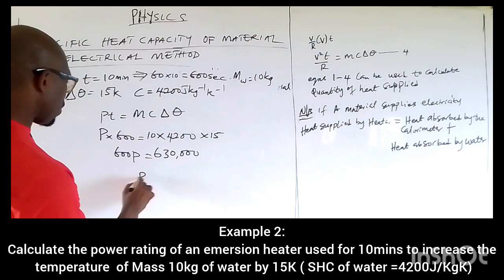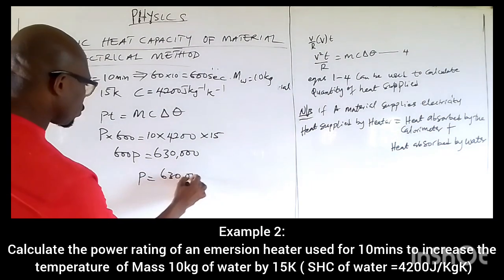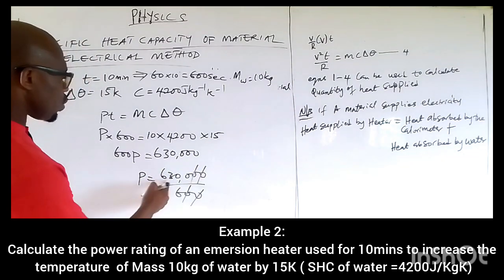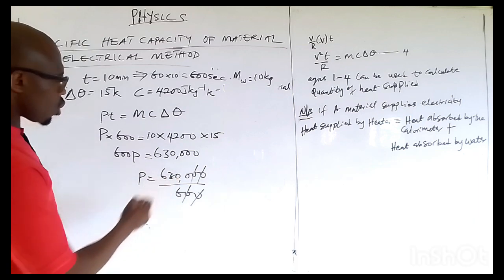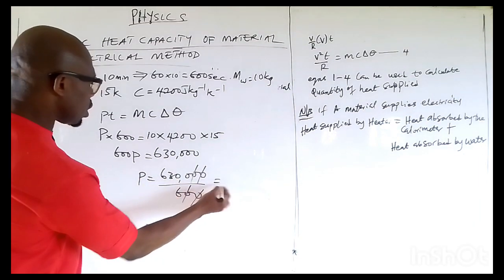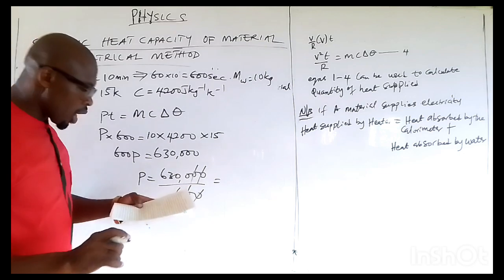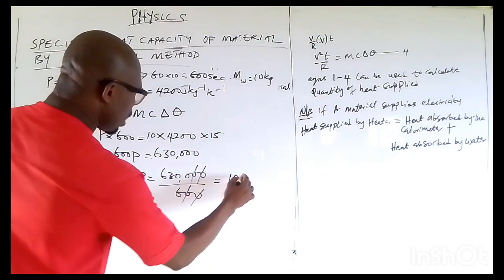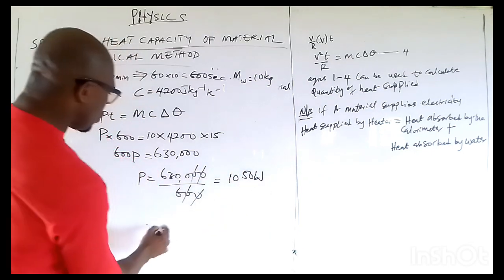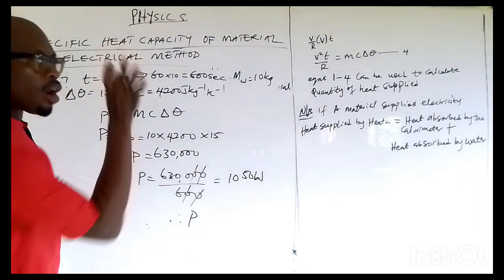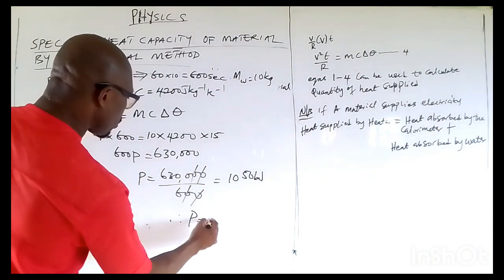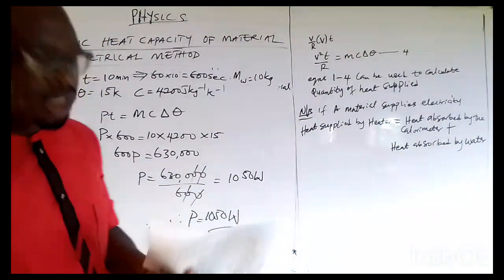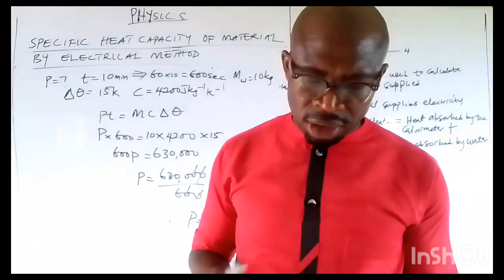Now, making P the subject, power will give us 630,000 all over 600. These two zeros can take care of themselves. We'll leave it with 6,300 divided by 6. If you punch your calculator, you will have that P is 1,050 watts. So we can now say that the power rating of the device is 1,050 watts.